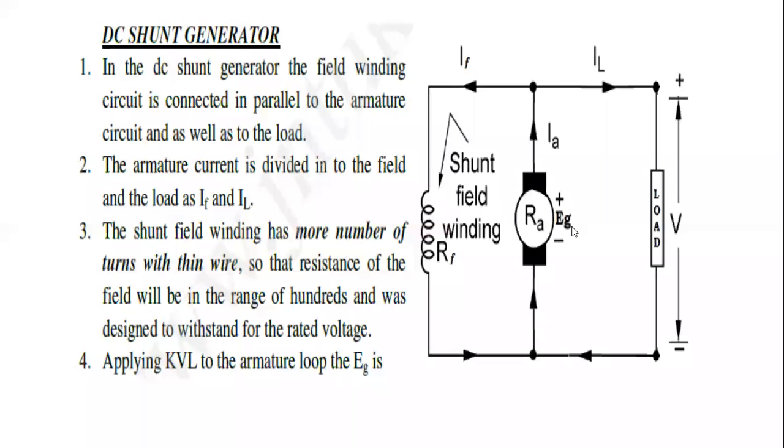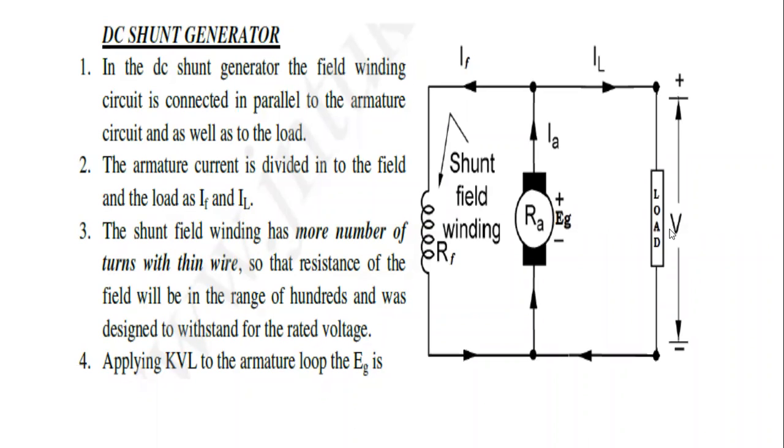The excitation is done by itself, meaning the exciting current is produced by itself, so it is called the self-excited DC generator. Therefore EG is produced according to Faraday's laws. Due to that EG, armature current IA is developed, and at this point this IA current is divided into two ways, that is IL and IF.